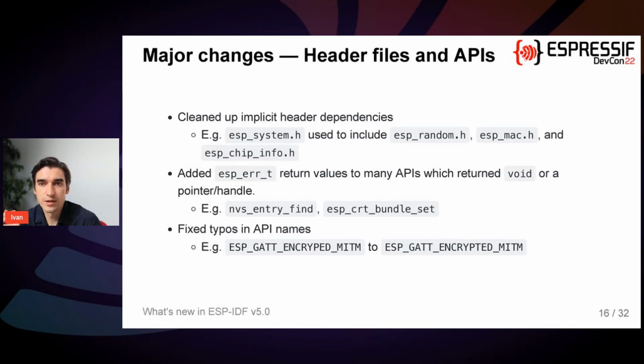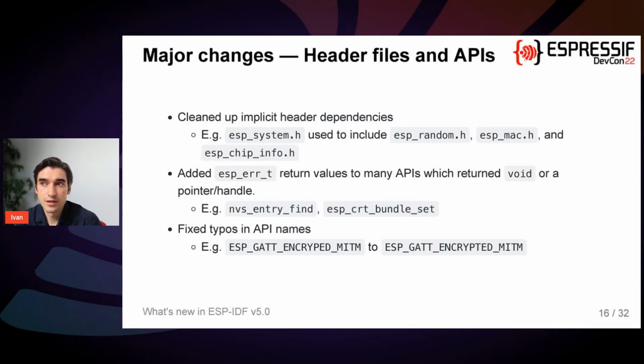But for compatibility, because IDF 4.3 was a minor release, esp_system would still include esp_random, so that by including esp_system, you would still get declarations of those functions. Now that we are in IDF 5.0, we had a chance to clean this up, and now esp_system includes just the bare minimum, and esp_random, esp_mac, and esp_chip_info are separate.